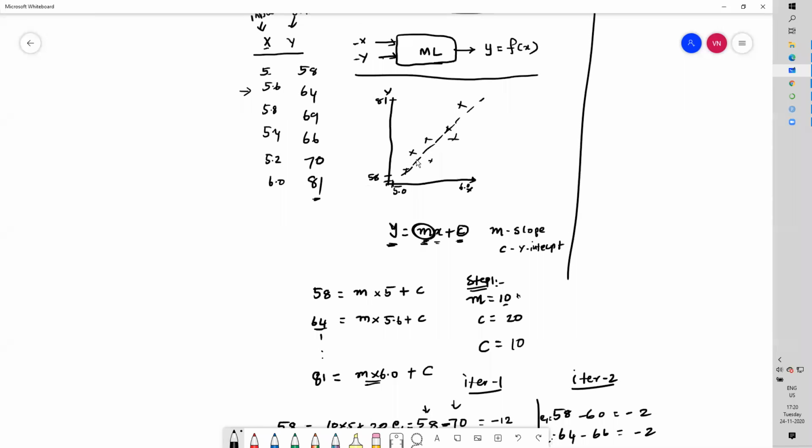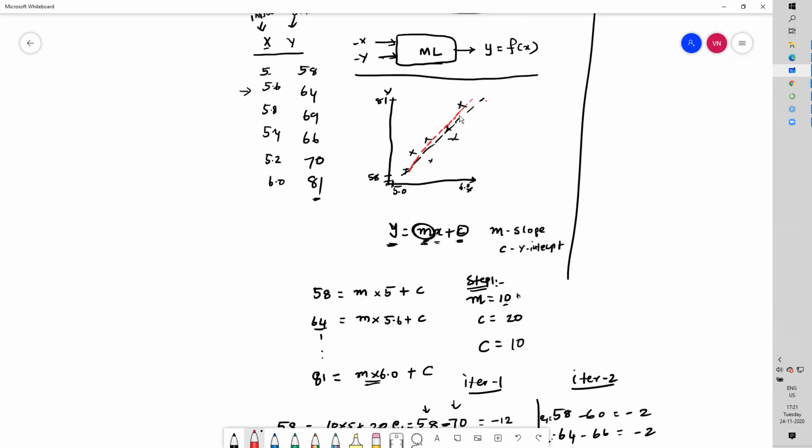So when we get the least value for this RMSE, what that means is this line is very close to all the observations. Let me draw a second line, maybe coming from the second observation. The second one is like this. Compared to the black line, the red line was nearer to the observations.